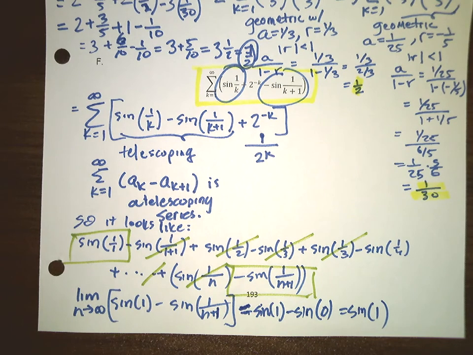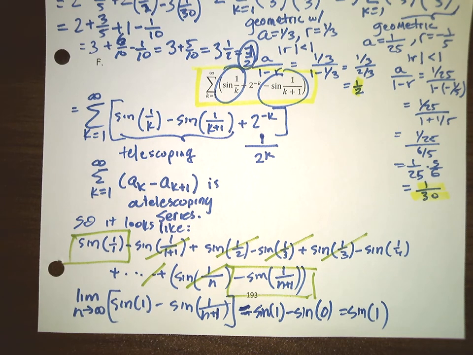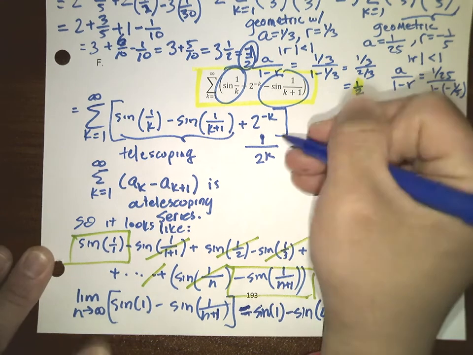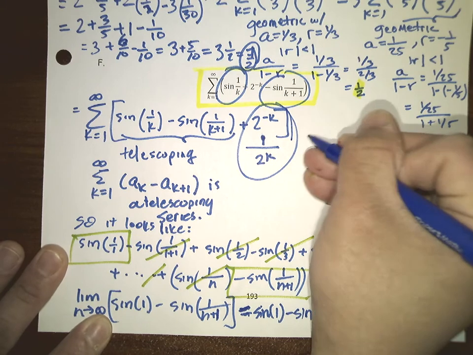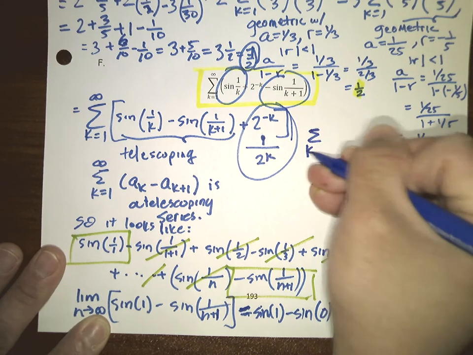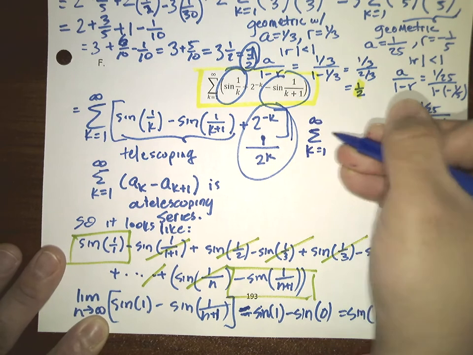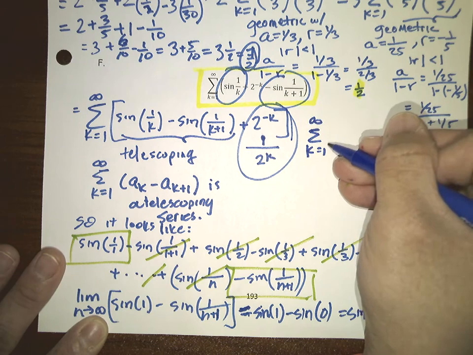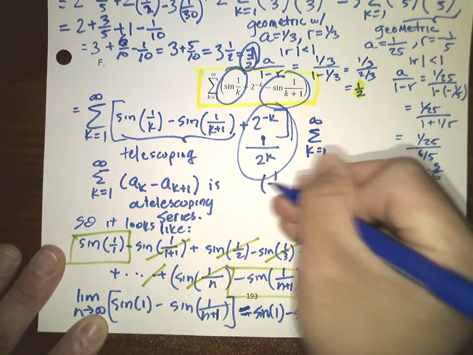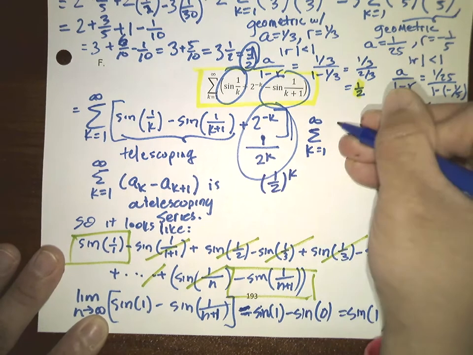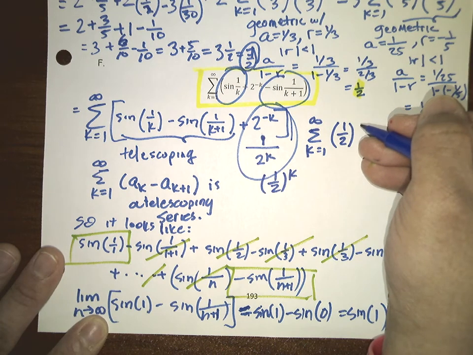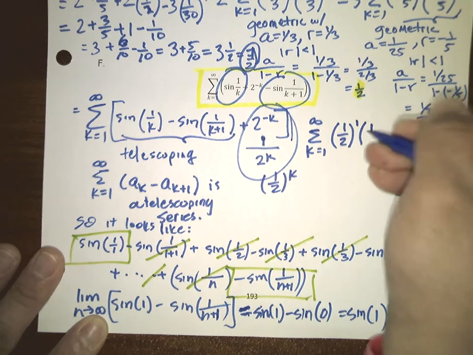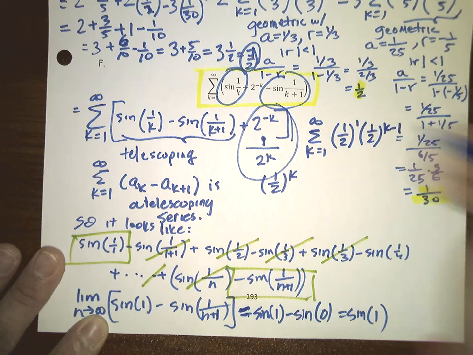So now what do we need to do? We just really need to figure out what this part is doing. So we have the sum k equals 1 to infinity of 1 over 2 to the k, so that's 1 half to the k. I'll rewrite it as 1 half times 1 half to the k minus 1.